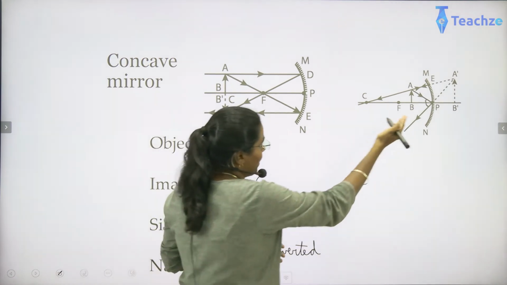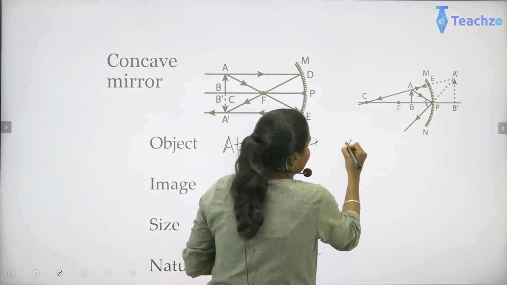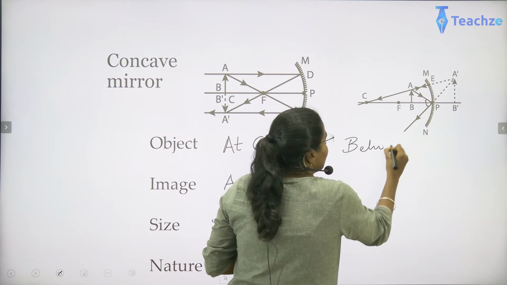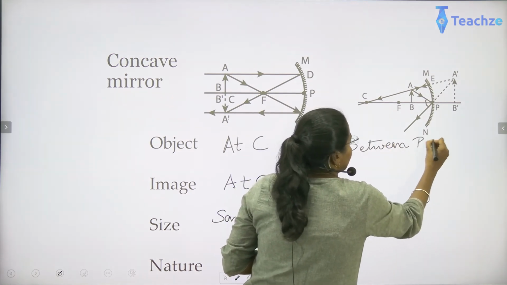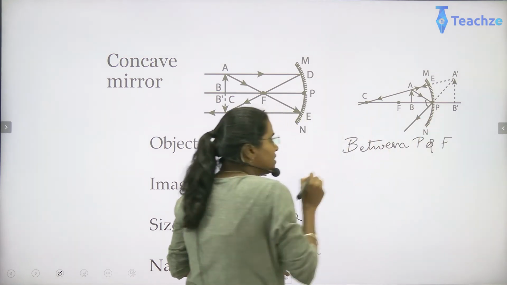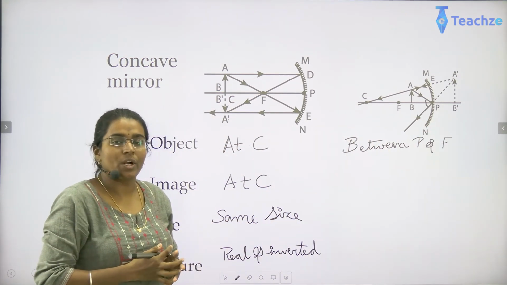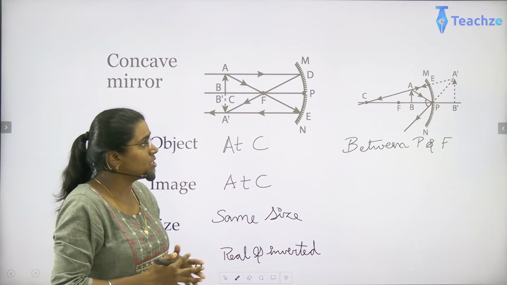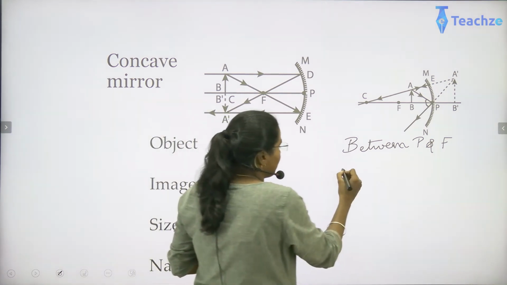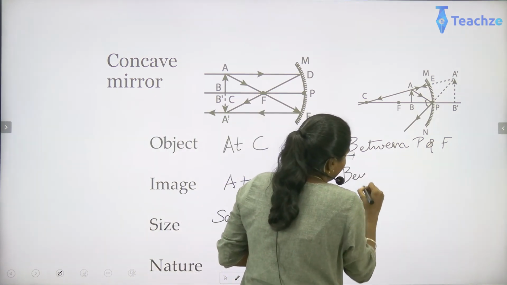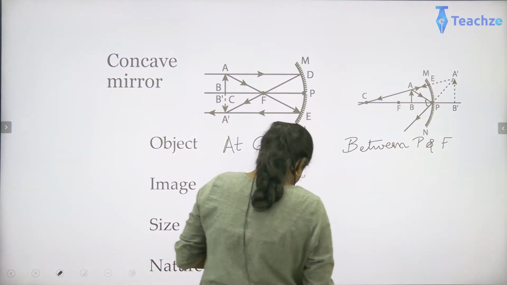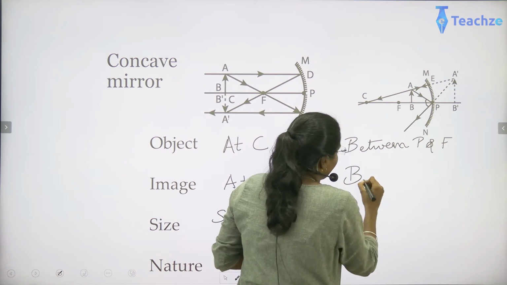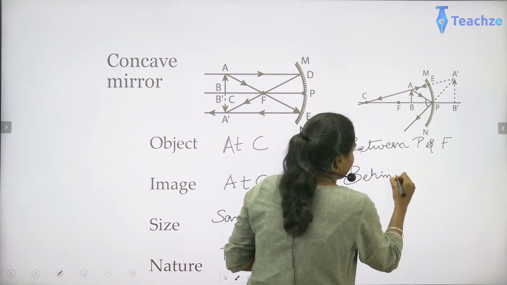Okay. So my object is between P and F. Good. When my object is between P and F, what happens? My image is behind the mirror.